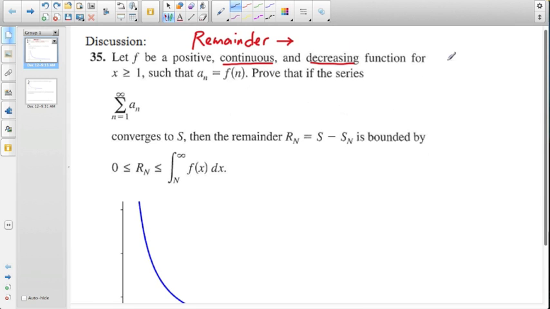So we know we have some sort of general shape that looks like this. And the series, then, we know that we can approximate the series by saying that this is basically a Riemann sum.